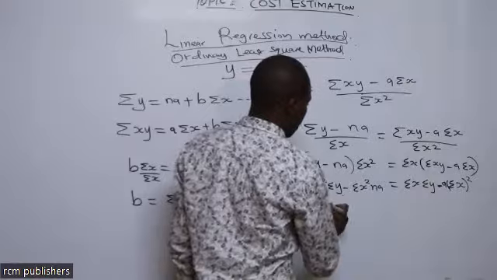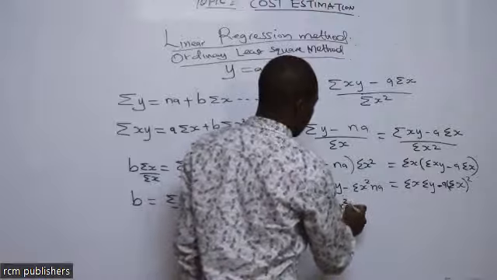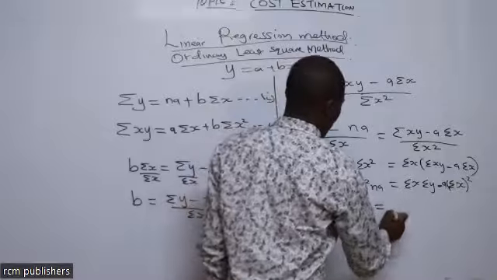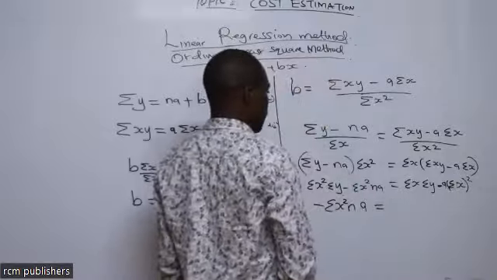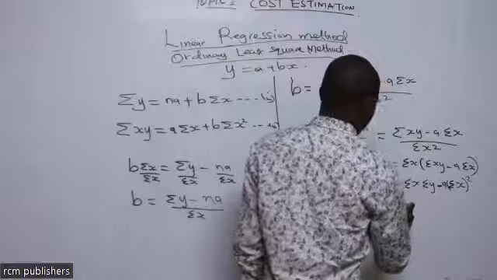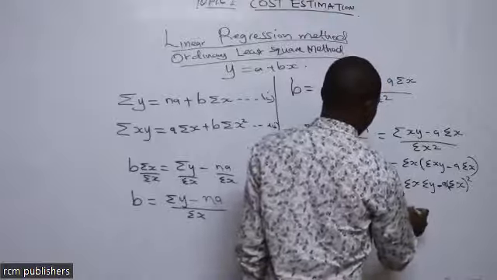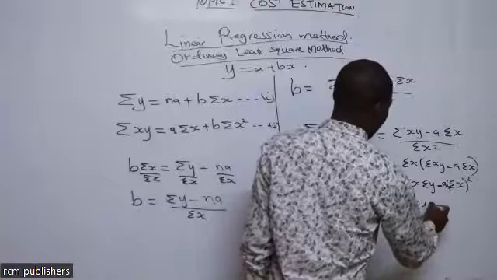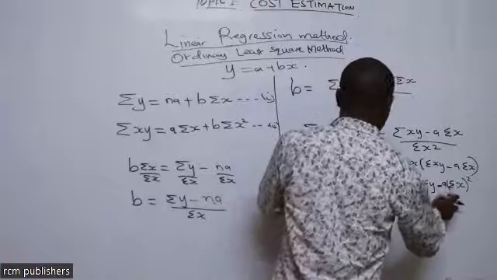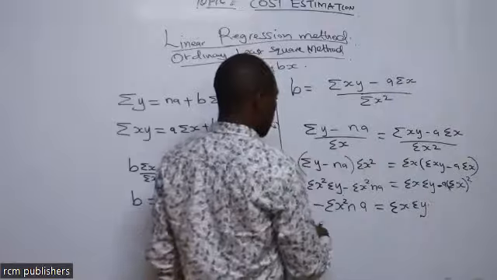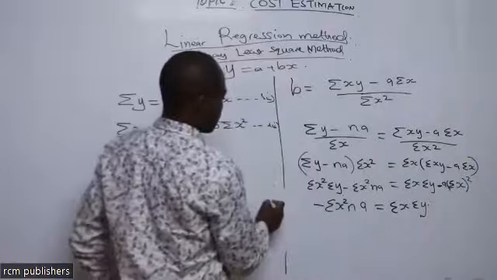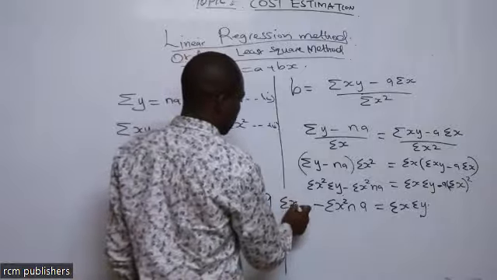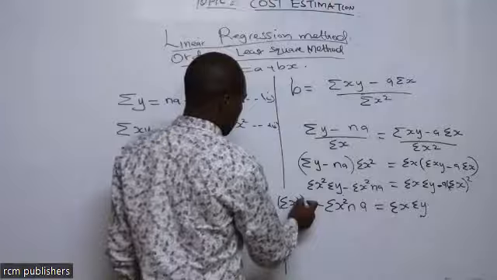So we have minus summation of X squared NA is equal to this summation of X, summation of Y, minus, so this one here, we are going to bring it this side to be plus, that is A, summation of X squared.